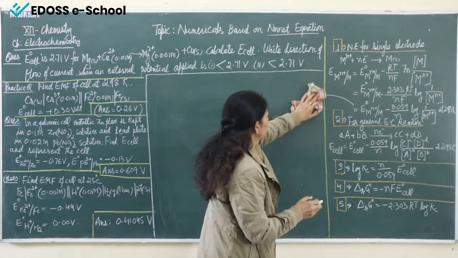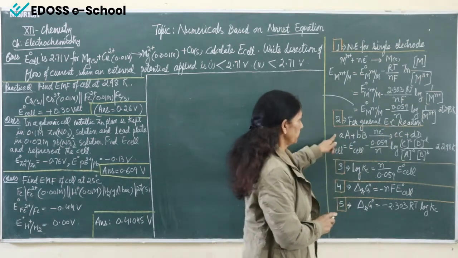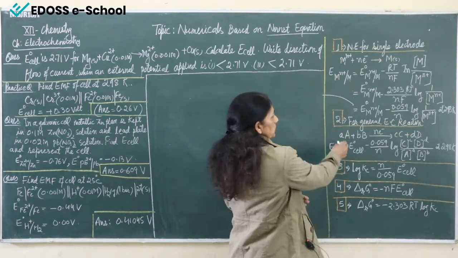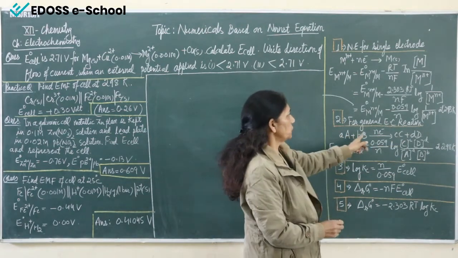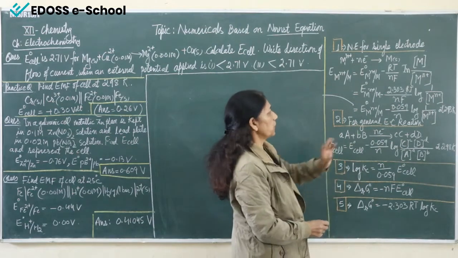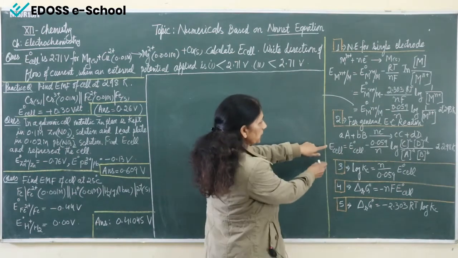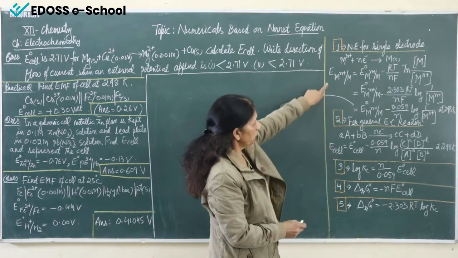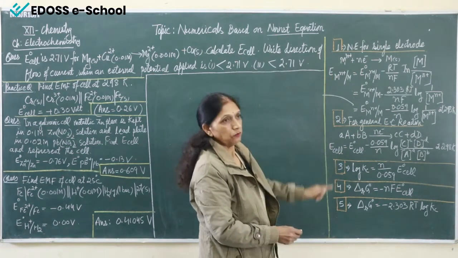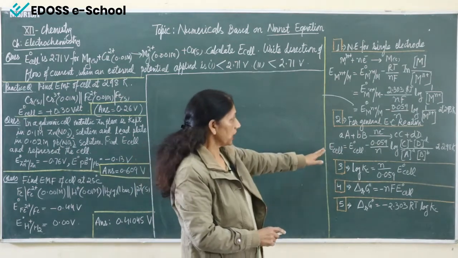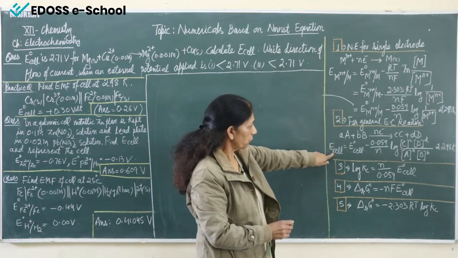Now, in place of a single electrode, if we take a general electrochemical reaction, A plus B converting into C and D, these are the stoichiometric coefficients of the reactants and products, and n is the number of electrons involved. Earlier we had the potential of the single electrode, but here anode and cathode both are present, so we call it the E of the cell, the electromotive force of the cell.